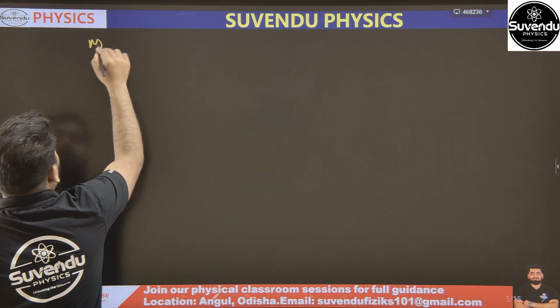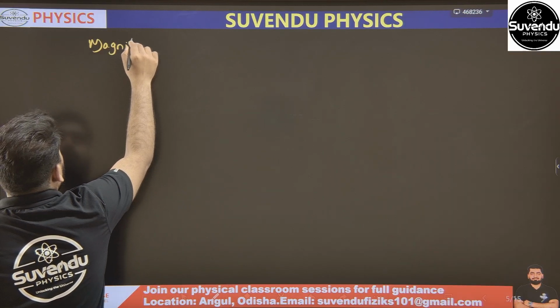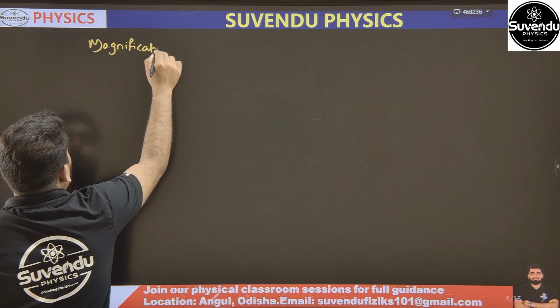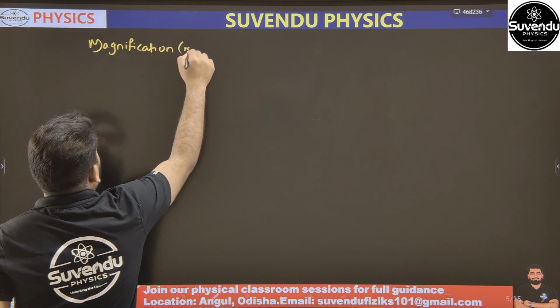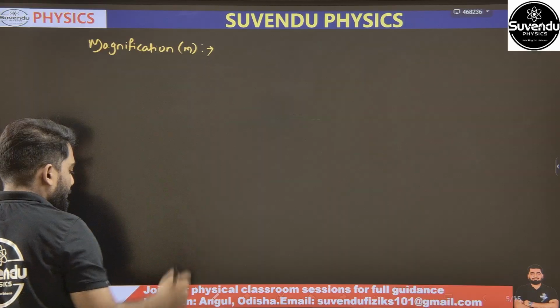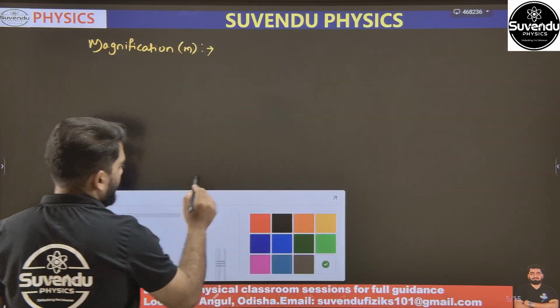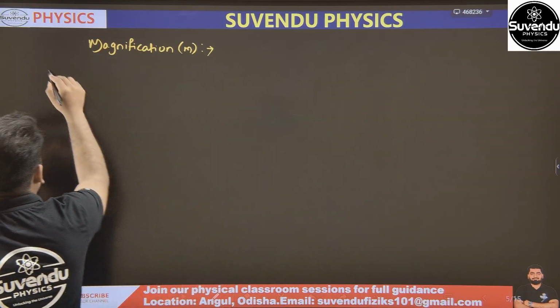Now let's give heading magnification. And it is denoted by which letter? It is denoted by the letter small m, not capital M, that is small m. So what should we write in the intro?